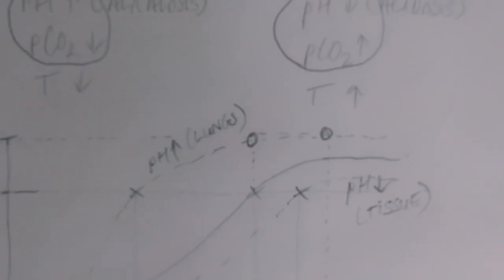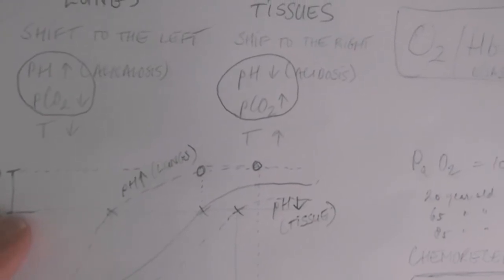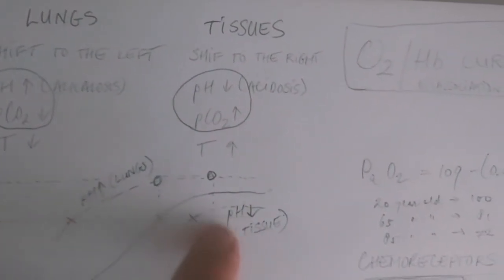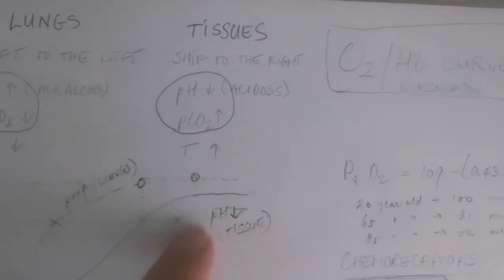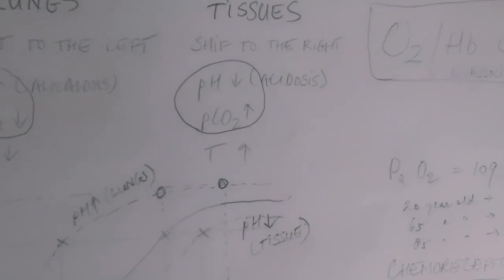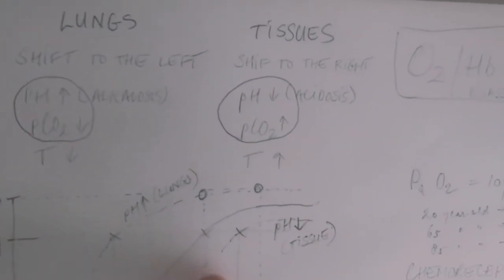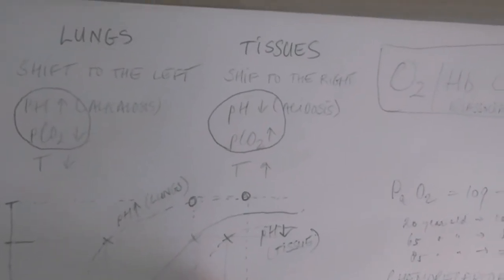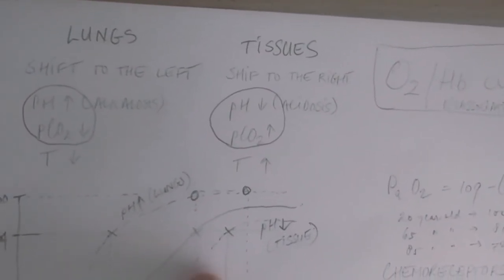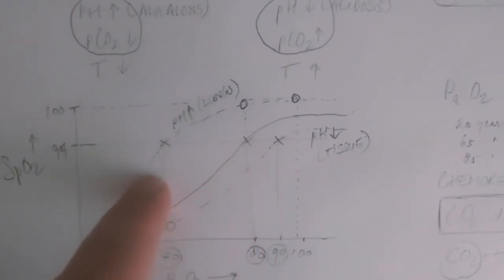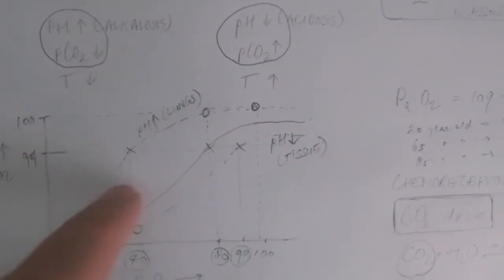Okay, so now I mentioned this critical point, 94, right? So we see that in the tissues, if we go below 94, the tissues just go to the right, and we see that the affinity for oxygen with hemoglobin is around there.